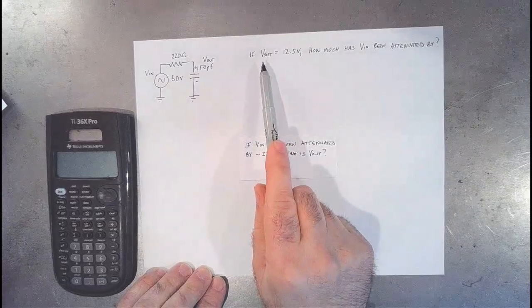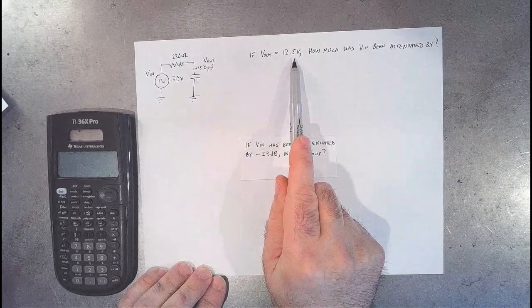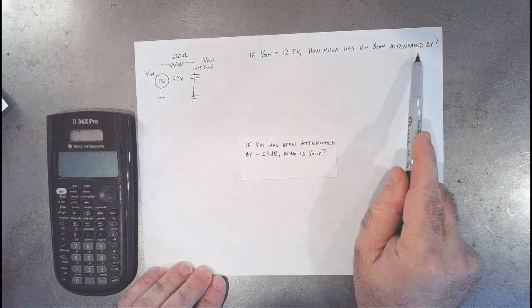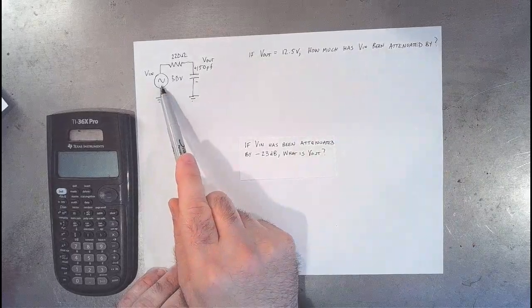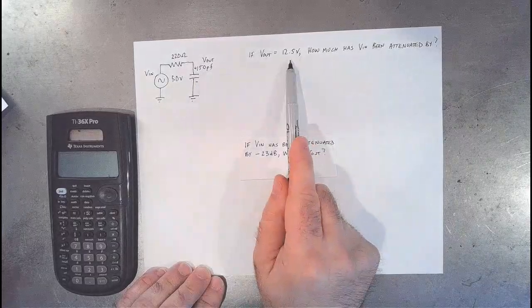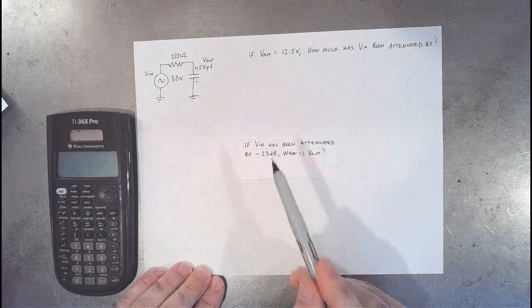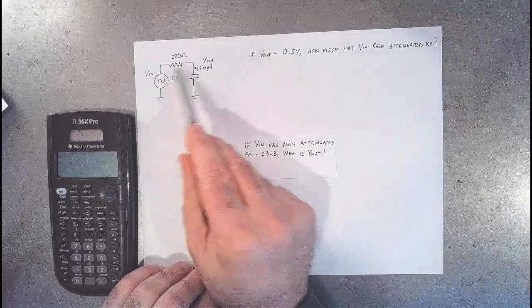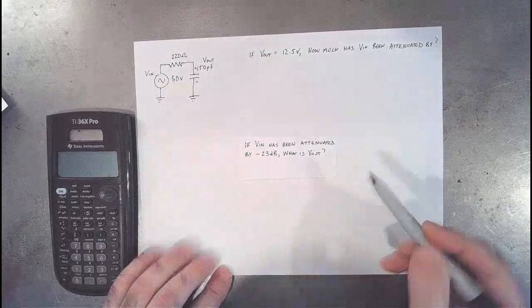So the question is, if V out is 12.5 volts, how much has V in been attenuated by? So remember, we're feeding in 50 volts AC, and at V out, we're seeing 12.5 volts AC. So I want to know how much has V in been attenuated by in this case?